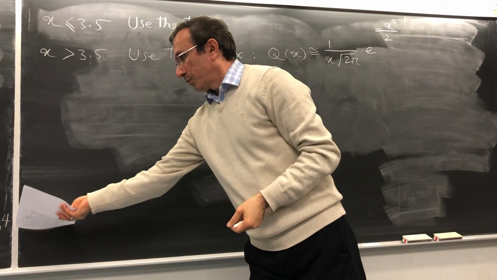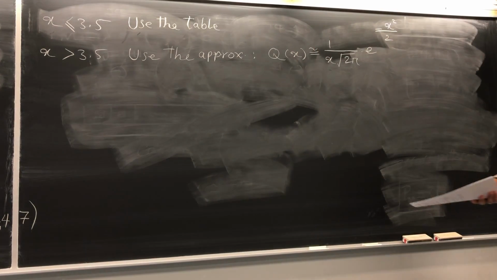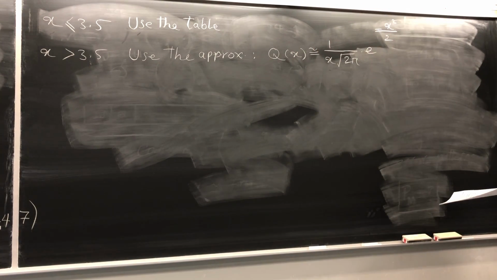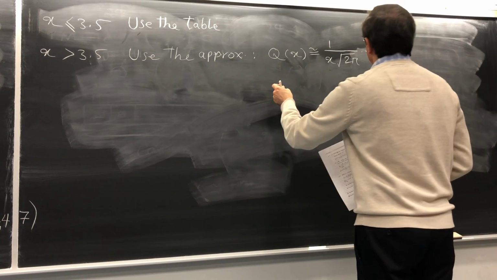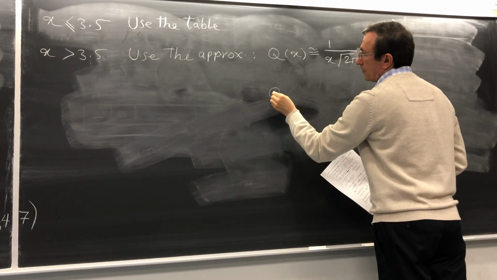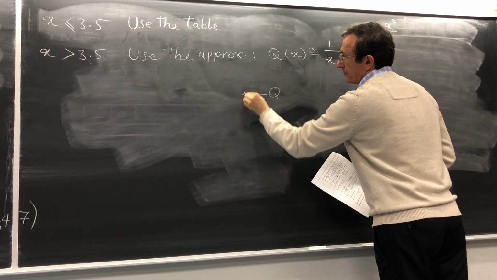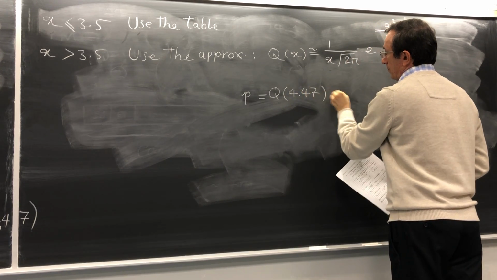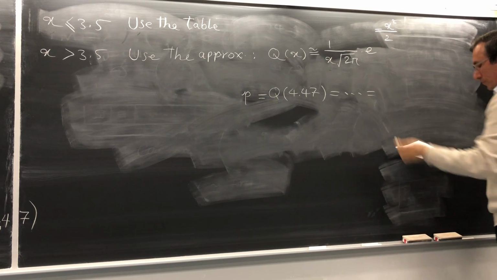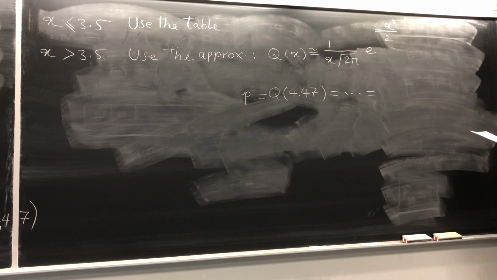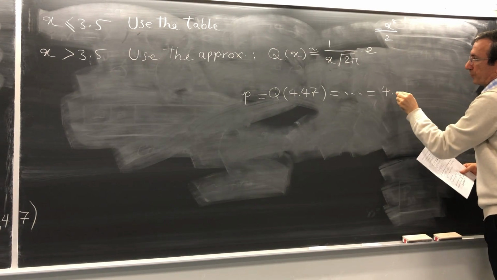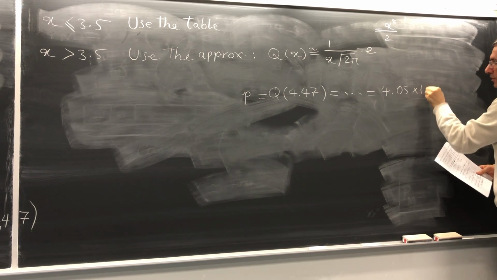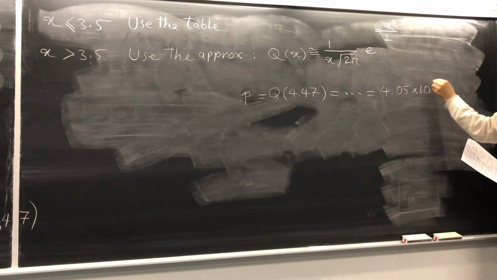Now we are after the Q function for x equals 4.47. So this p would be equal to 4.05 times 10 to the negative 6.